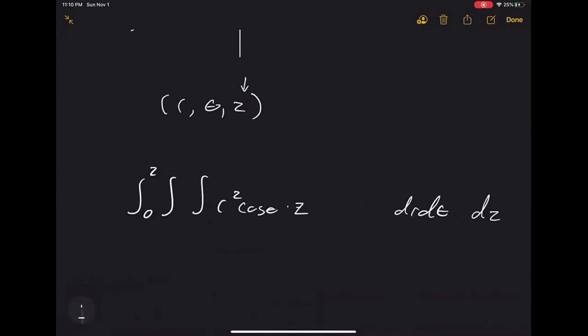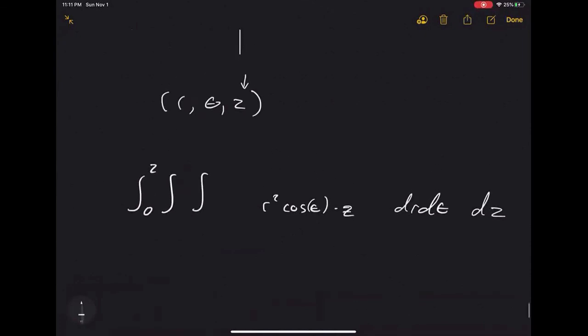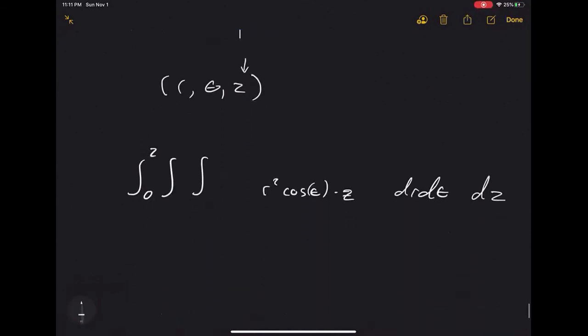So I've put my z bounds, I've made my z my outer integral. All right, let's try and convert. We've got our r squared cosine times z. We've got our function. Let's try and write our r and theta bounds.